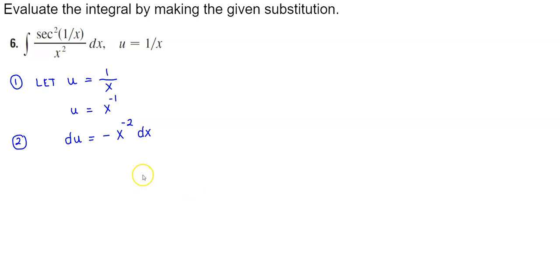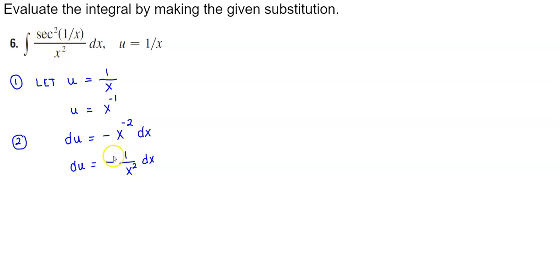Now we want to rewrite this so it becomes a positive exponent. So du equals negative 1 over x squared dx. If you take a look over here, we have a 1 in the numerator and an x squared in the denominator, and it's positive.